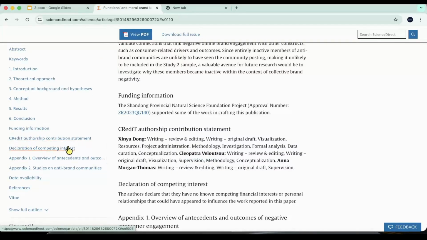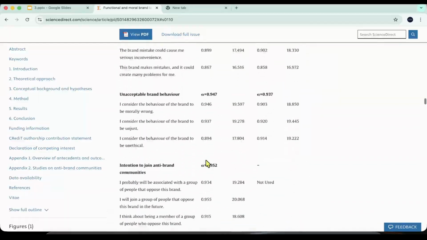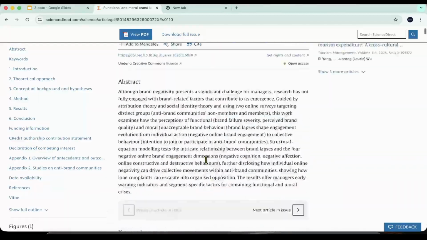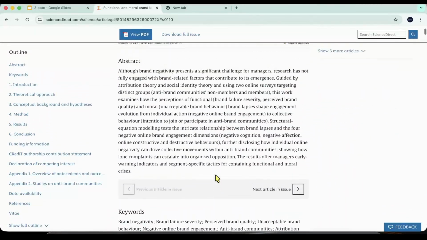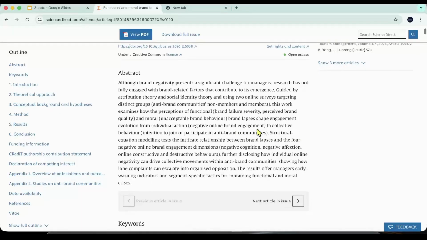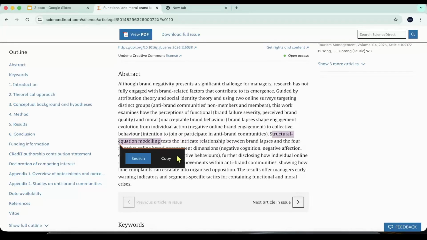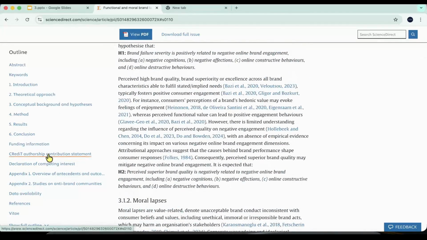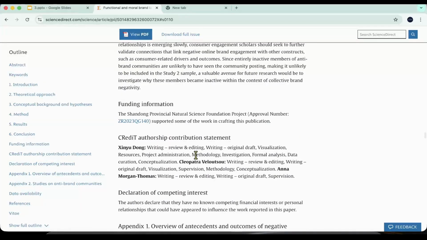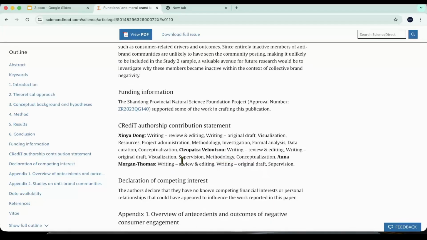This is a very important thing nowadays, because let's say if someone is very good at the methodology being adopted in this, let's have a look which methodology they are adopting. Structural equation modeling, yes. So by giving this author credit, Professor Dong as well as Professor Cleopatra, both are having a command on structural equation modeling, and they have done the methodology.